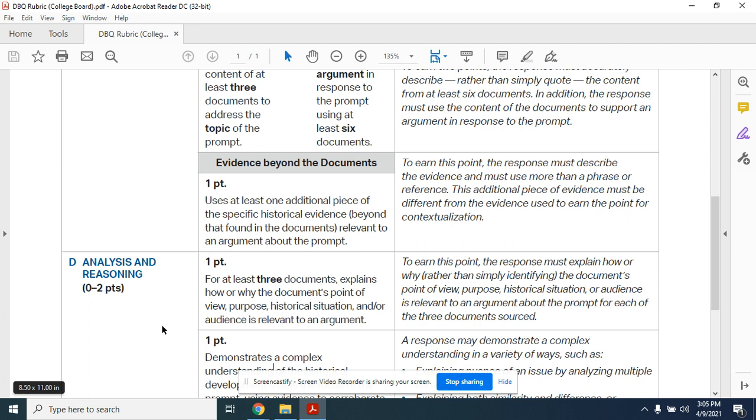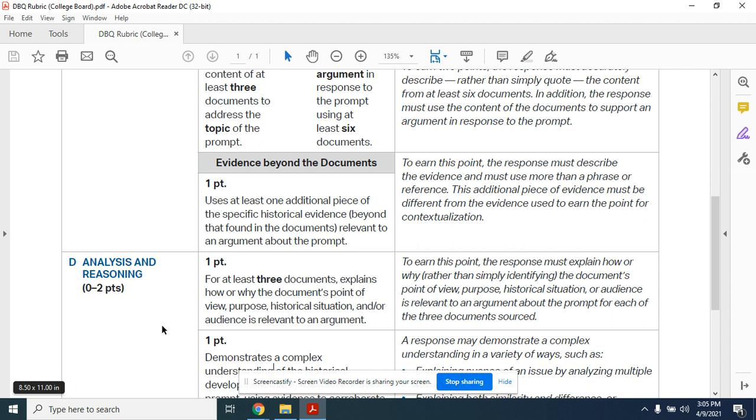And again, I'm going to sound like a broken record. We want to do this for more than 3. I mean, ideally for all of them. But, aim for 4, maybe 5 of the documents that you're trying to source, so that if you fall flat once, you're still okay, all right? And note well, explains how or why the document's context, audience, purpose is relevant to the argument.